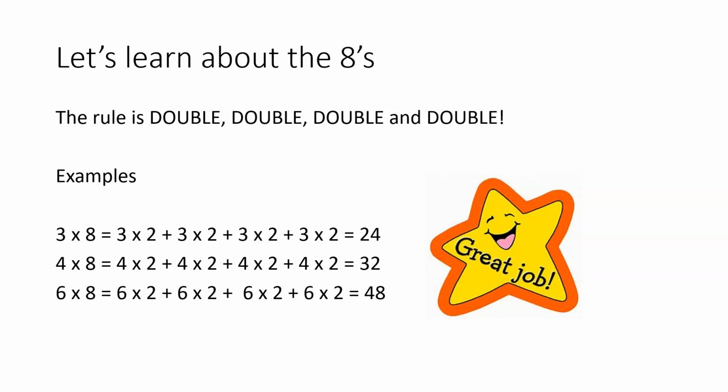Example, 3 times 8 equals 3 times 2 plus 3 times 2 plus 3 times 2 plus 3 times 2 equals 24. 4 times 8 equals 4 times 2 plus 4 times 2 plus 4 times 2 plus 4 times 2 equals 32. 6 times 8 equals 6 times 2 plus 6 times 2 plus 6 times 2 plus 6 times 2 equals 48.